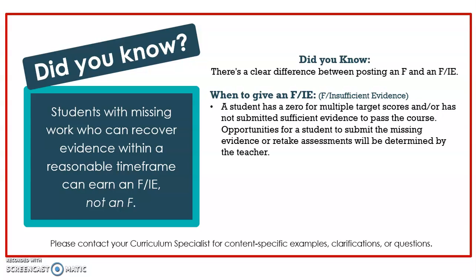Now when we think about posting grades, students with missing work who can recover evidence within a reasonable time frame can earn an FIE, not an F. An FIE stands for an F with insufficient evidence. What does that mean? A student has a 0 for multiple target scores and or has not submitted sufficient evidence to pass the course.